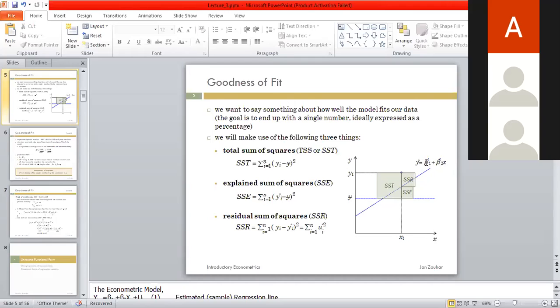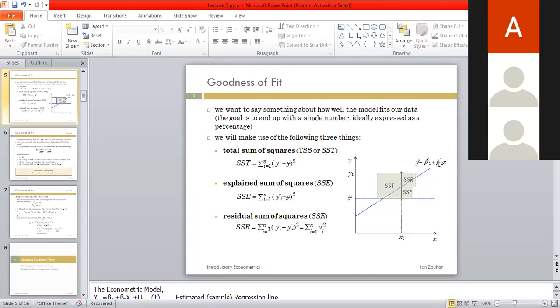Y hat equals beta 1 hat plus beta 2 hat X. You have estimated beta 1 hat. You have estimated beta 2 hat. And you have drawn this line. Like our example, Y hat equals 25 point something plus 0.51 X. That kind of line is drawn here.